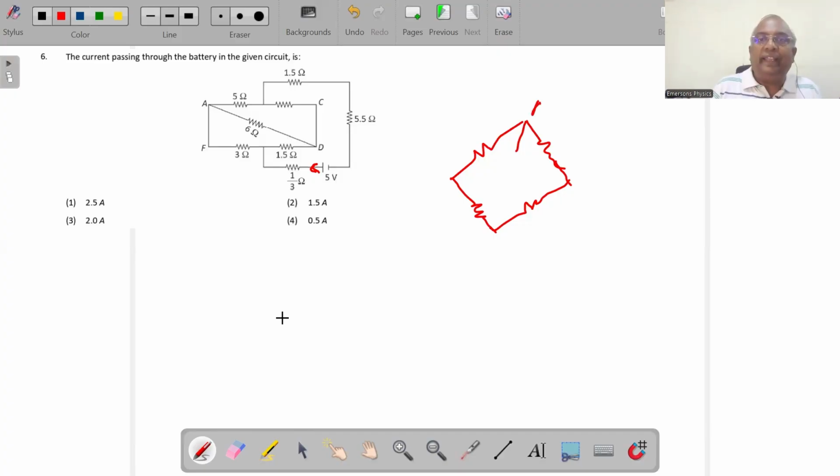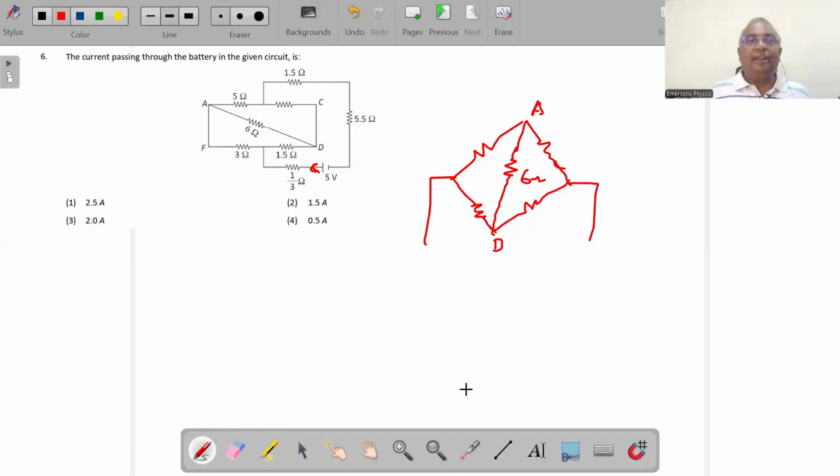Let us take this as A end, this as B end. Between these two there is 6 ohm. 6 ohm. Next, this is one junction, this is another junction.